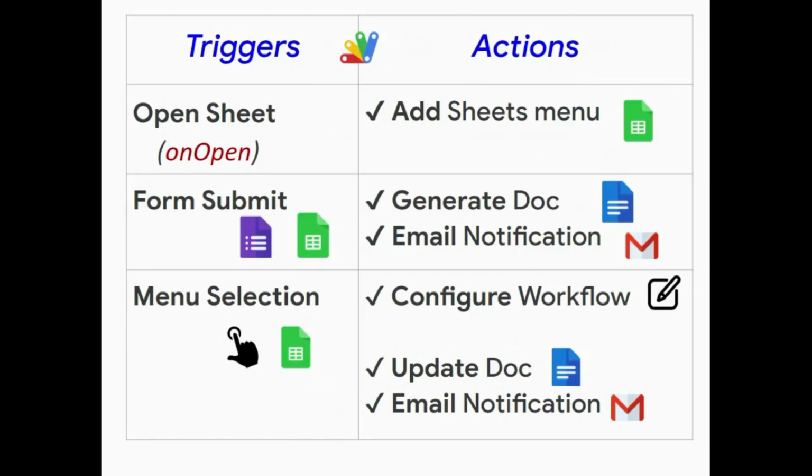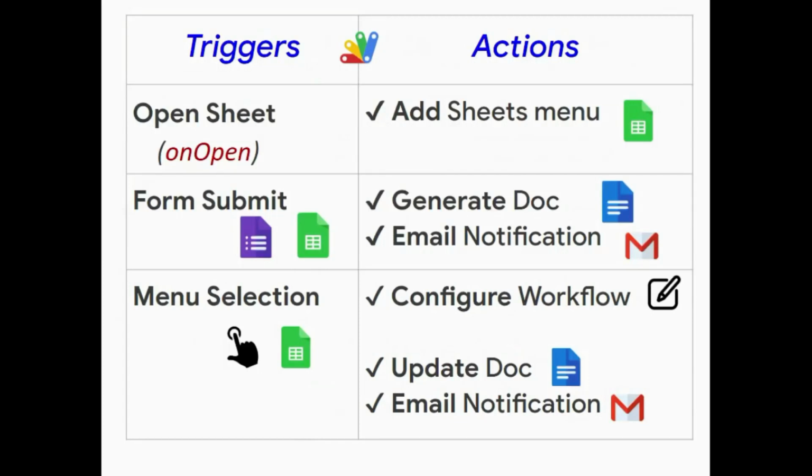The second type of trigger that we're going to see is one of those installable triggers. So when we make the association between our Google form and our Google Sheet, we'll set up a form submit trigger that will automatically be run every time a submission comes in from the Google form, and that will generate our request documents as well as email notifications.